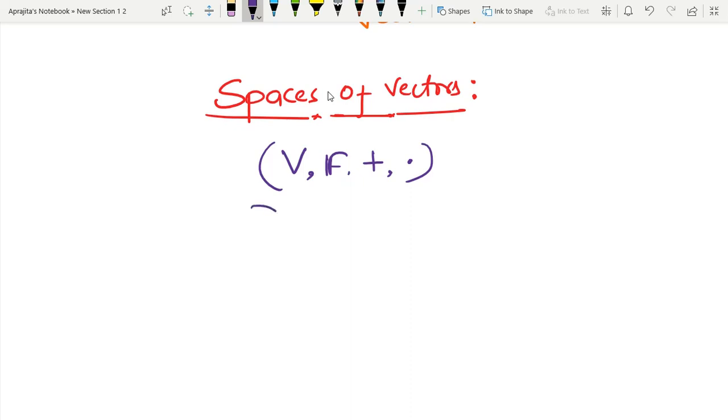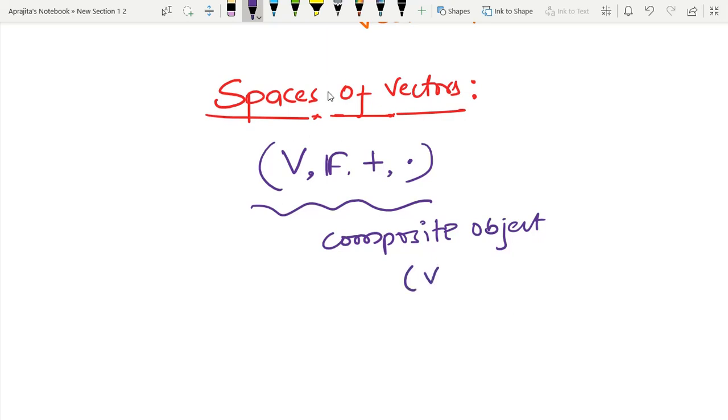This composite object, we have given the name of this whole composite object as a vector space or a linear space.